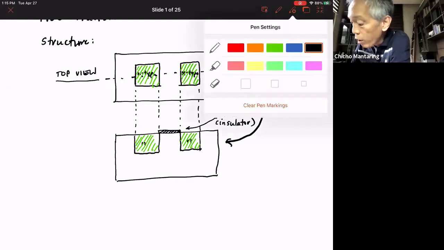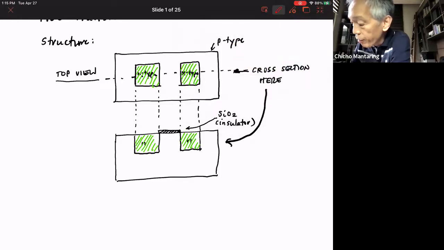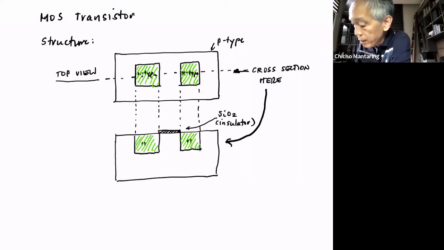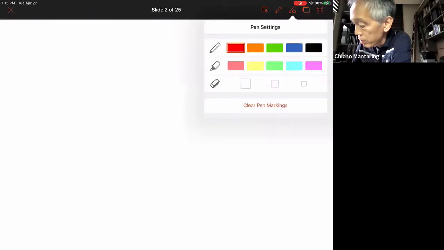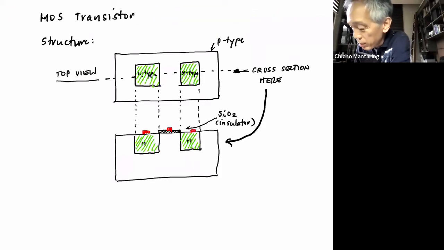And then I'm going to put contacts. So let me use red for the contacts. I'll put a contact here, a contact here, and a contact here. Okay. So these are now my terminals.